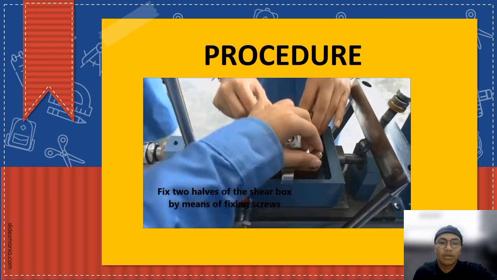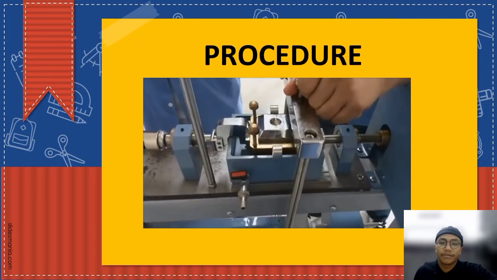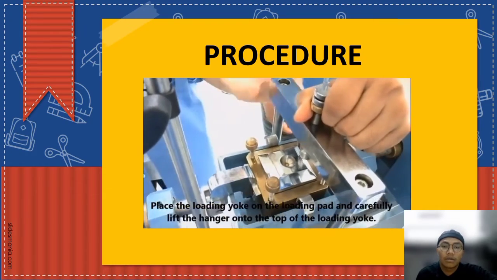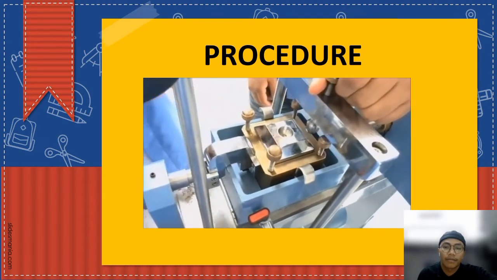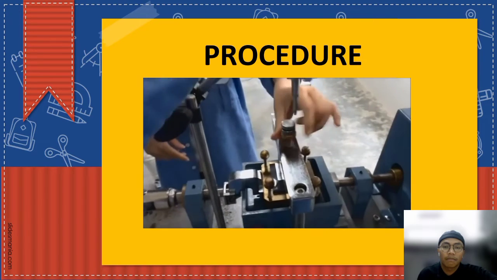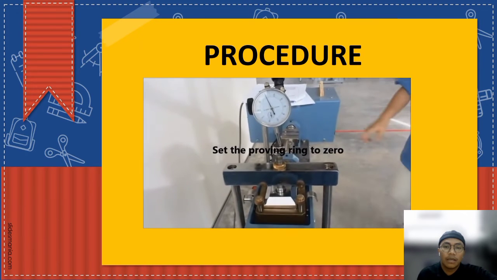Fit the two halves of the shear box by means of fixing screws. Place the loading yoke, the loading pad, and carefully lift the hanger onto the top of the loading yoke. Set the proving ring to 0.